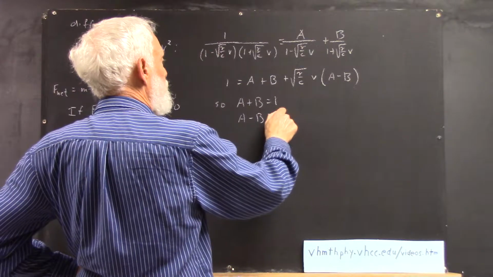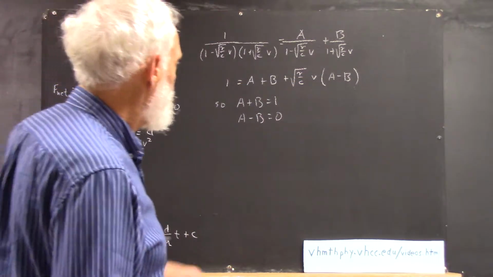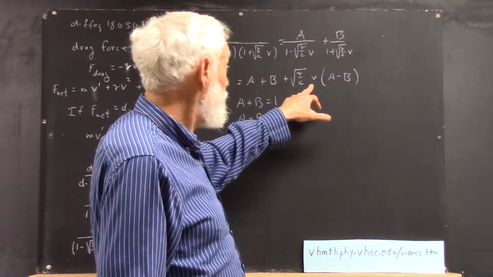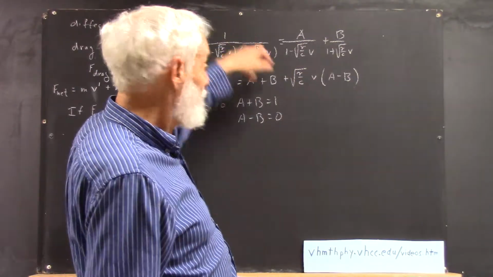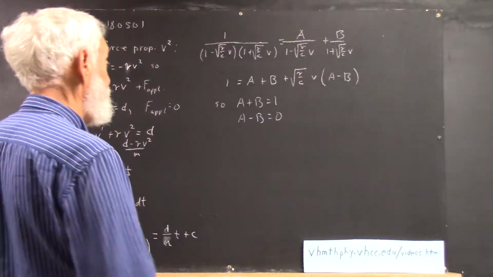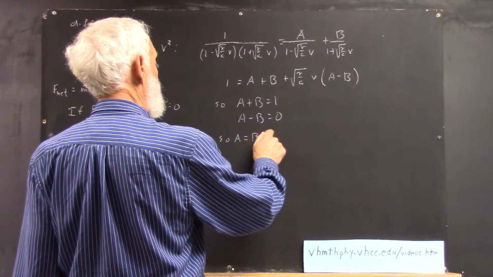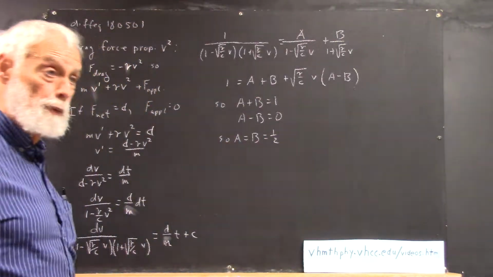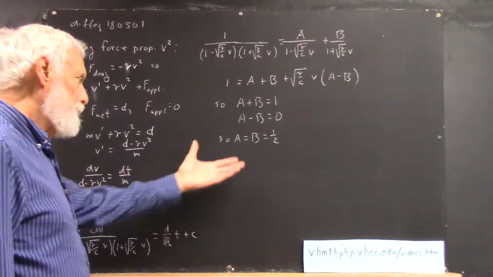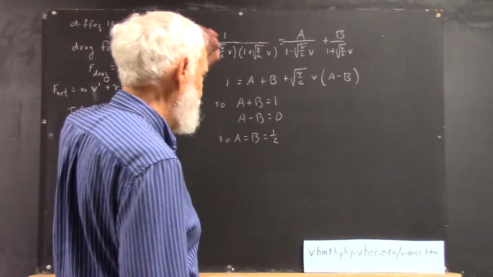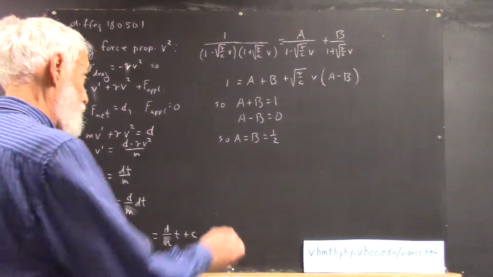A minus B has to equal 0, and the gamma over c v doesn't even play into it. This is the coefficient of v, and the only way that coefficient is going to be 0, as it has to be since there's no v here, is for A minus B to equal 0. And it's very clear then that A and B are both going to be 1/2. You can go through the formal solution of this, but we can do that one by inspection. You know how to solve two simultaneous equations in two unknowns, so there's nothing to be learned there.